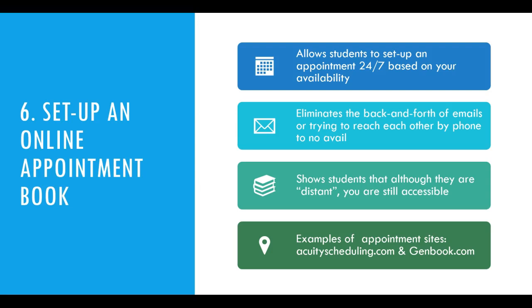Then it was $19.99. Then it went up to like 30-something dollars a month, and I paid for it myself. I was like, no sir, no ma'am, and no thank you. So I went to Acuity Scheduling, which I think is $10 a month is what I pay. And so I would encourage you to set up an online appointment book, most definitely.